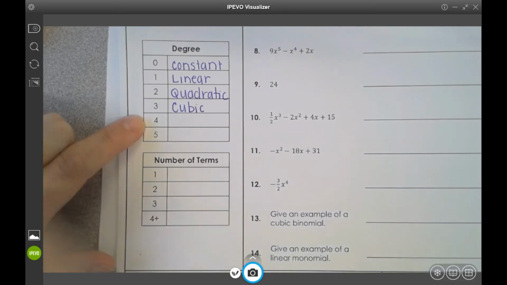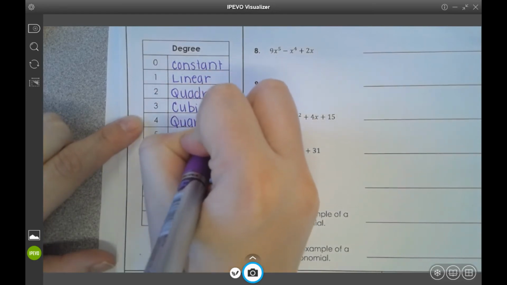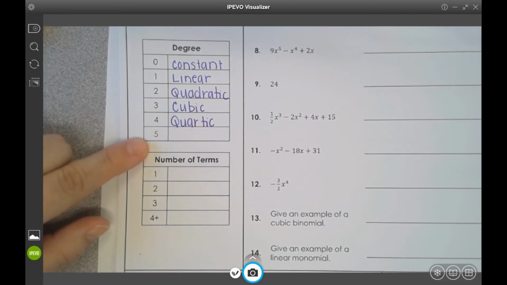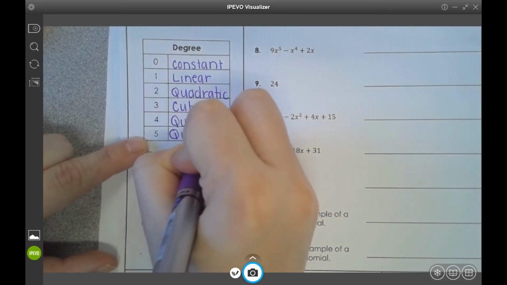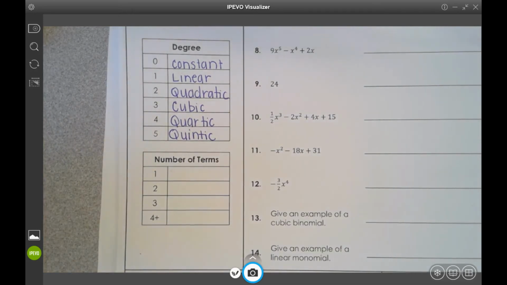Four is quartic. And 5 is quintic. Now after that, I'm sure they have names, but we won't see any of those.